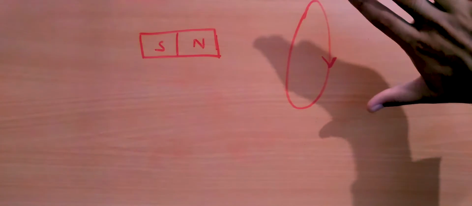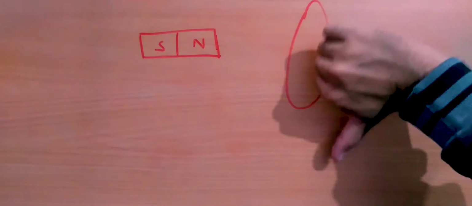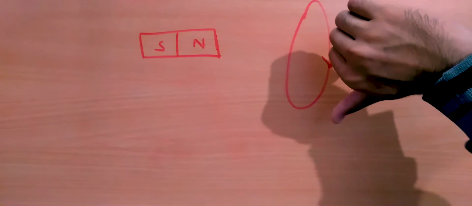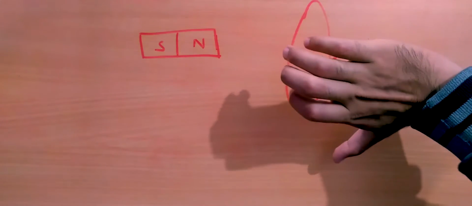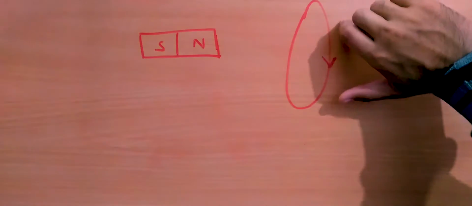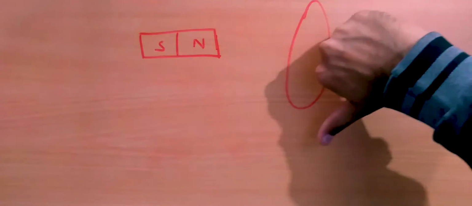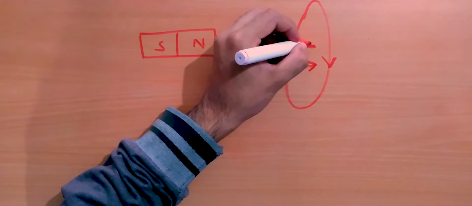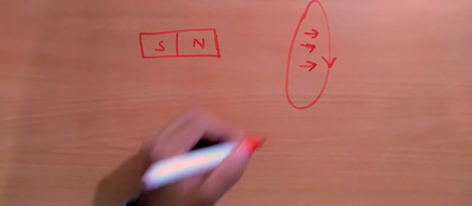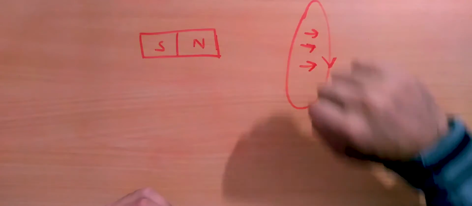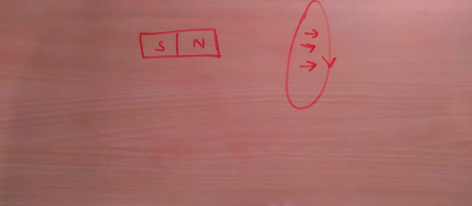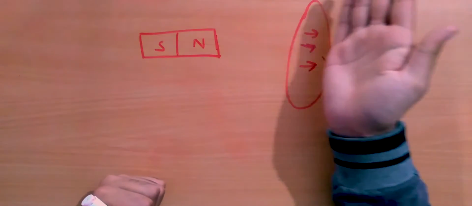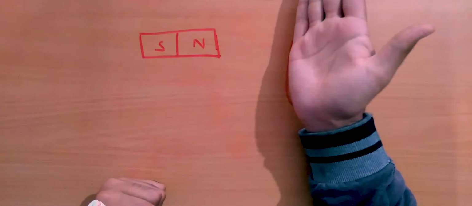Now let us try to figure out the polarity of that loop. I can use the right hand thumb rule for that. I point my thumb in the direction of the current, and I know that the magnetic field lines would wrap around this section of the wire in this manner, which means they would go in this direction inside the loop, and they would come out like that. So just to clarify here, the current carrying loop is oriented in this way, right?